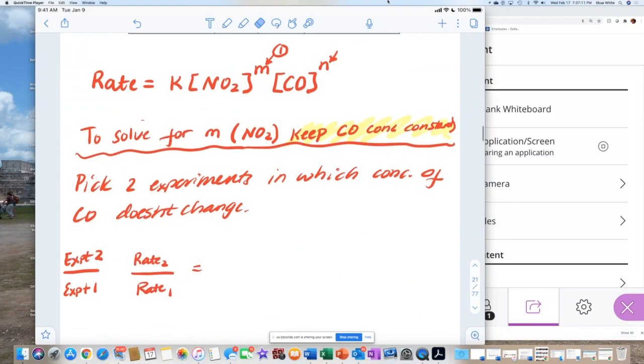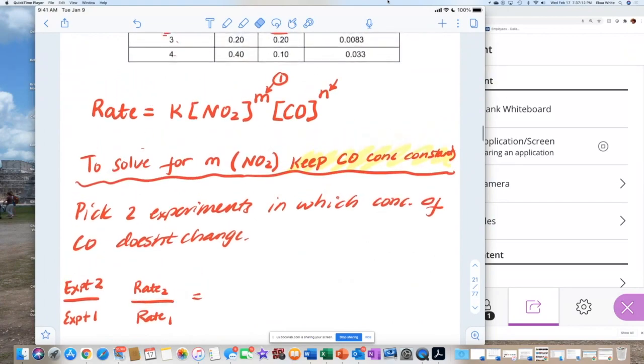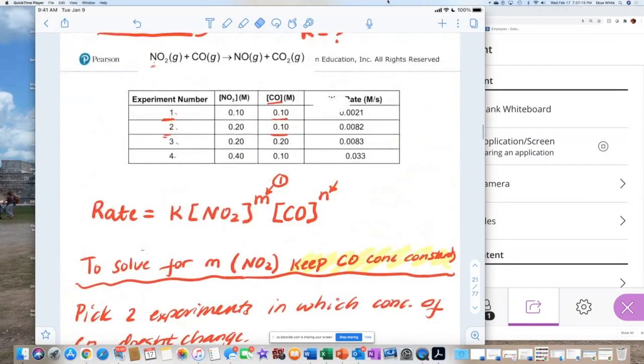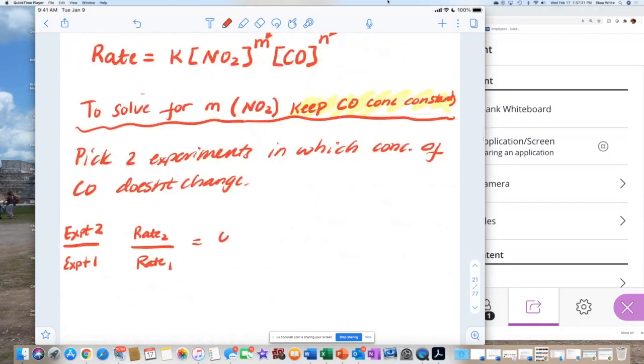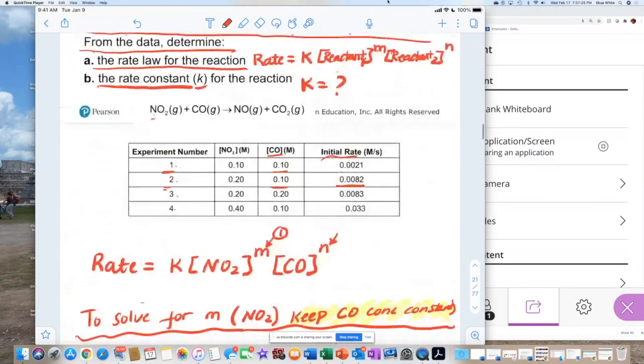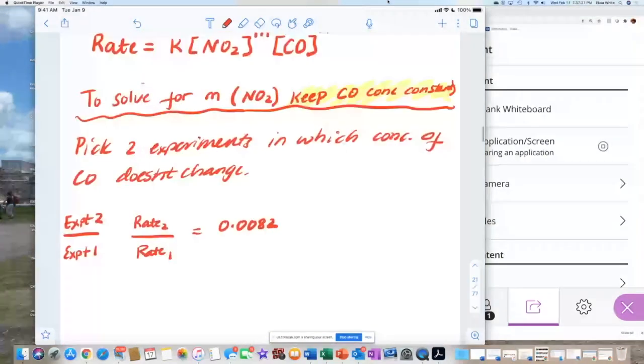Okay, what's rate 2? This is the initial rate. This is the number I need right here. Rate 2, 0.0082. What are my units? Molar per second.